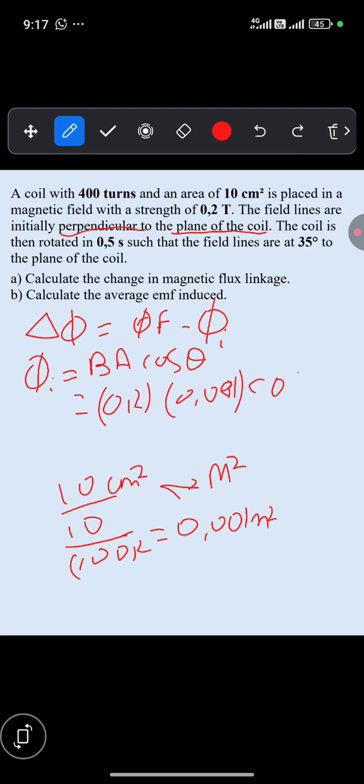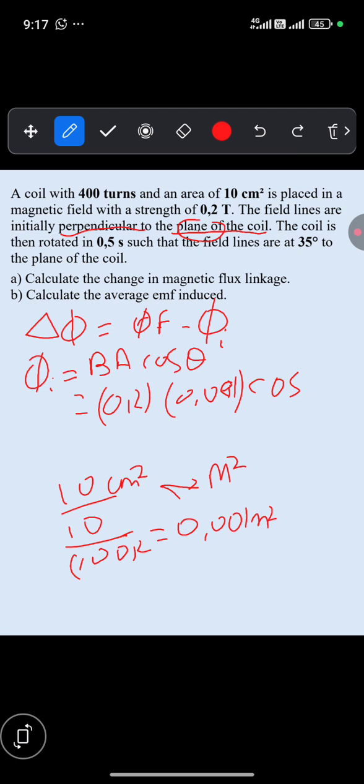Then cos of, initially it is perpendicular to the plane. So this is not the normal perpendicular because there's a plane. The word axis is not there, and the word normal is not there in this statement.